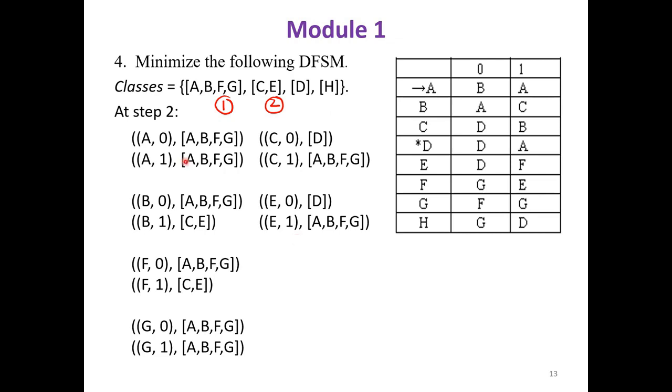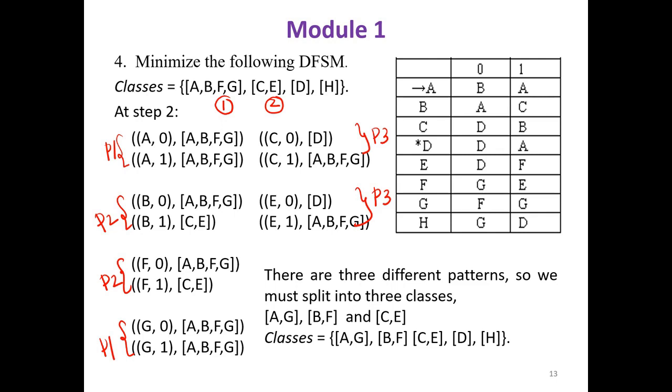Again we have to check the pattern. If we see the pattern here, A and G belong to the same pattern P1. B and F belong to the same pattern 2, and C and E belong to pattern 3 as they are similar to each other.